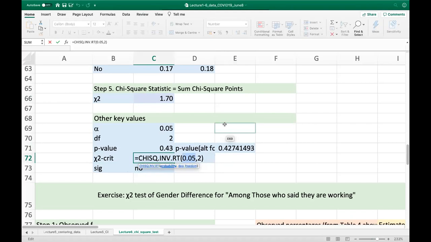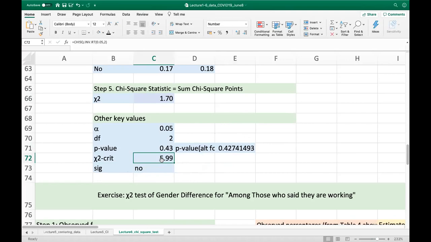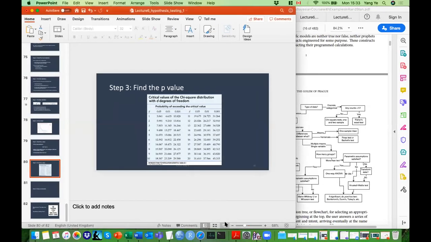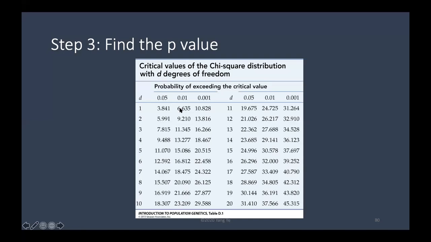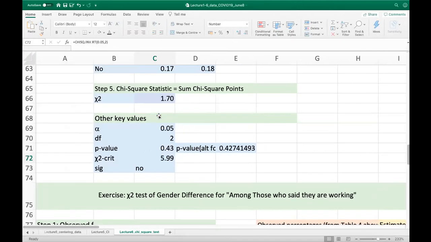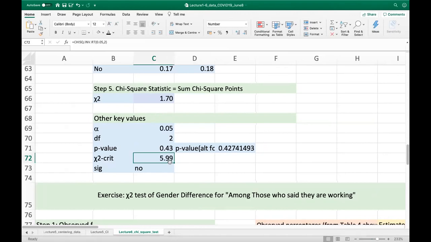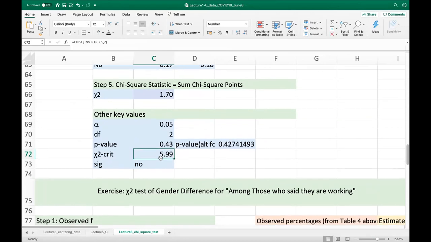Again, we already know it's 5.99, which we learned from this table. You can see that with degrees of freedom of 2 and an alpha level of 0.05, the critical value is 5.99. Okay, we're just using different methods to obtain the same results.